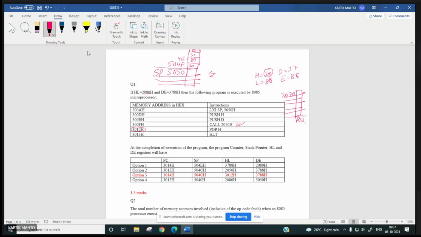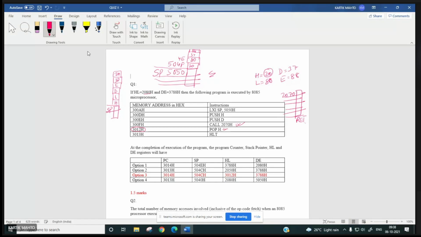Suppose this is the stack, the pointer is over here. So here it will be H, then L, then D, then E will be pushed. Next, here the return address 3020 will be pushed.